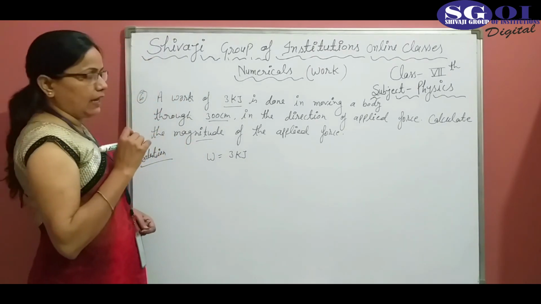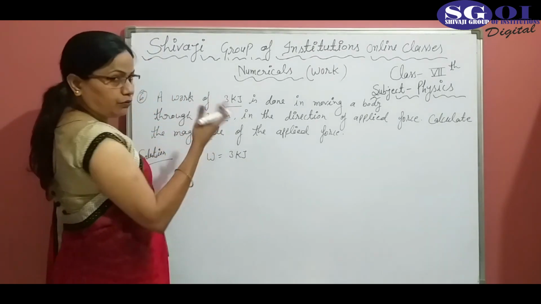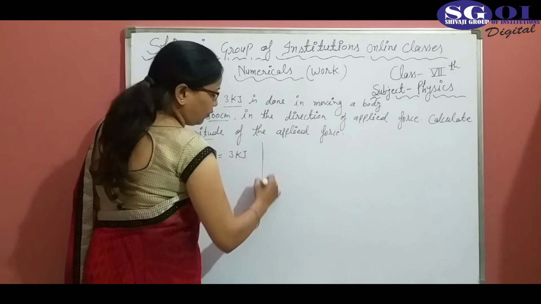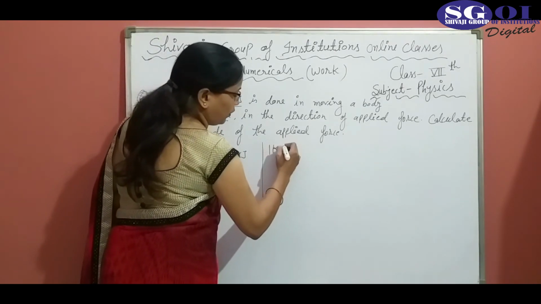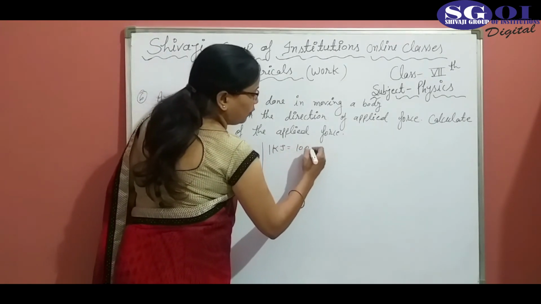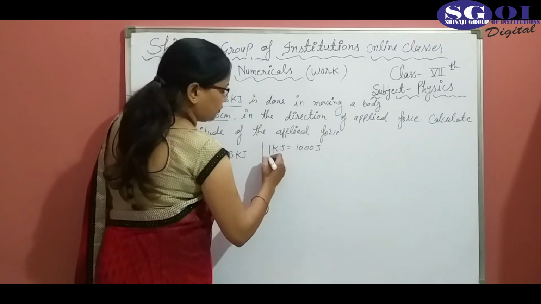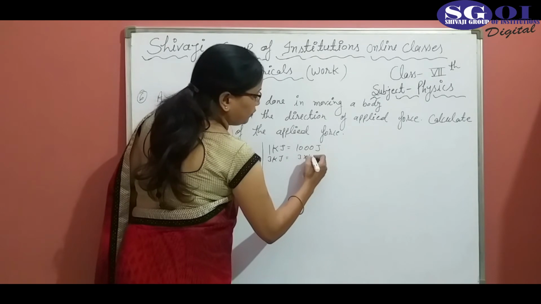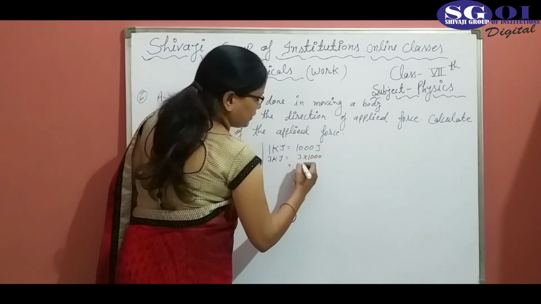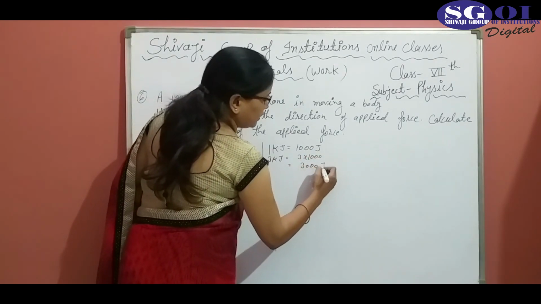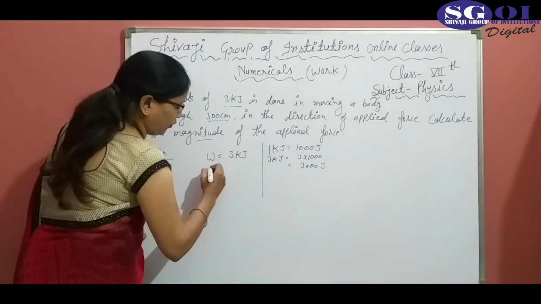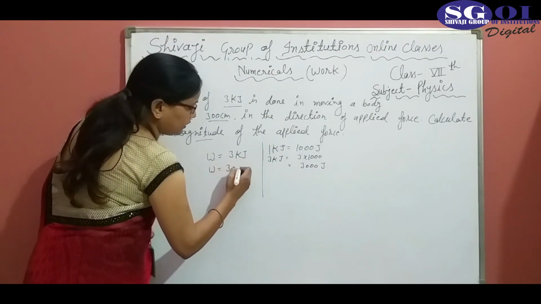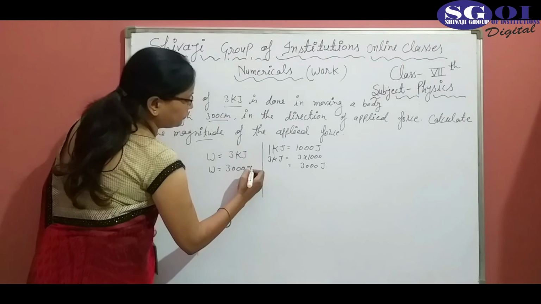And firstly we have to convert kilojoule into joule. So as you know that 1 kilojoule equal to 1000 joule. So 3 kilojoule equal to 3 into 1000, which is equal to 3000 joule. So work done equal to 3000 joule.